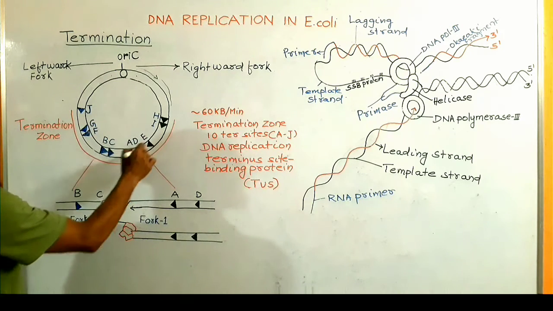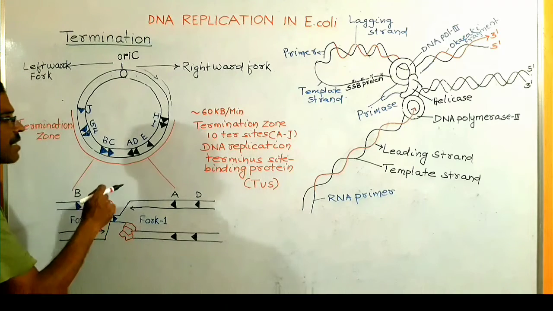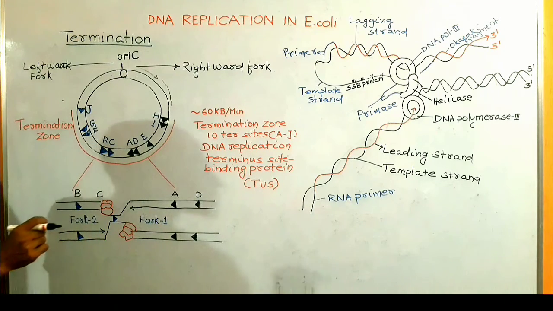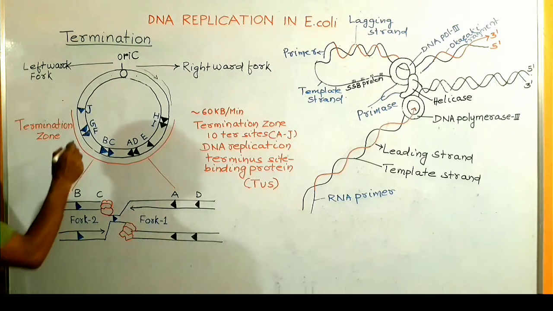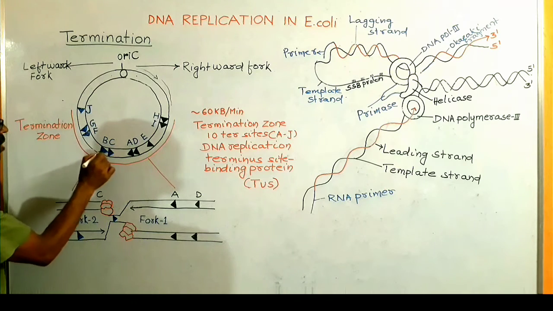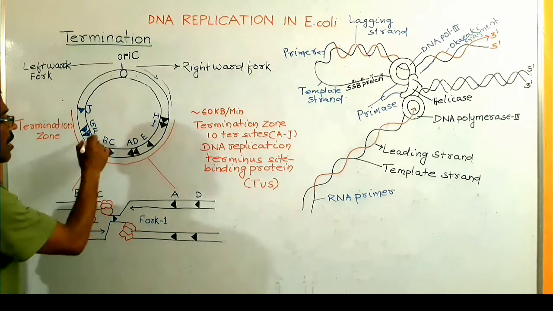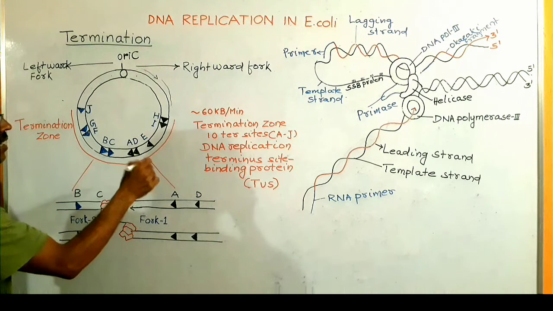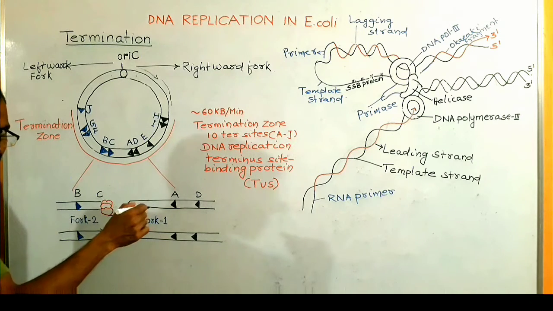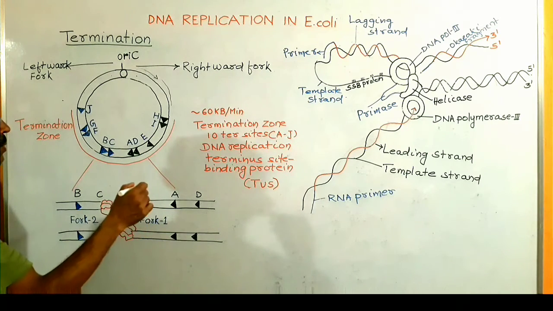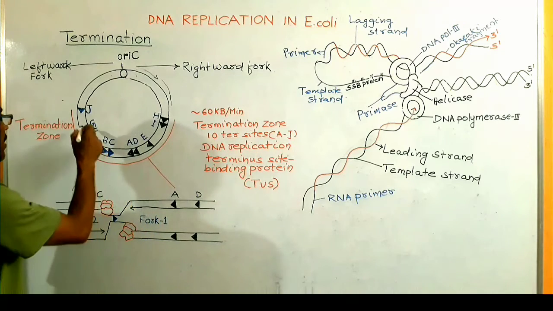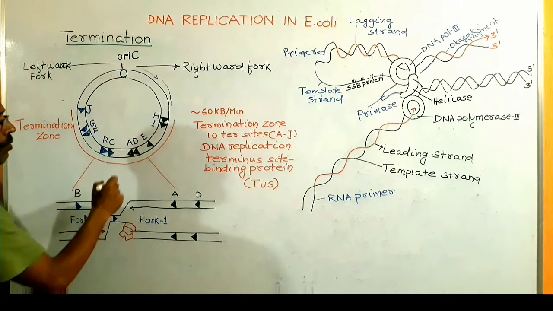The termination zone contains 10 specific sites known as Ter sites. These arrowheads, which are colored in blue and black, are the Ter sites or termination sites. 10 such termination sites are present in the termination zone.